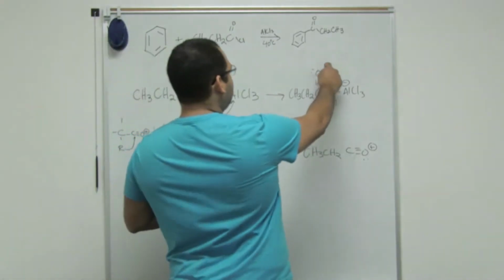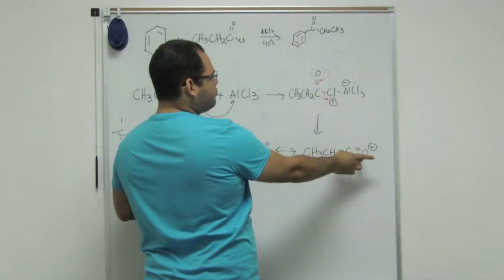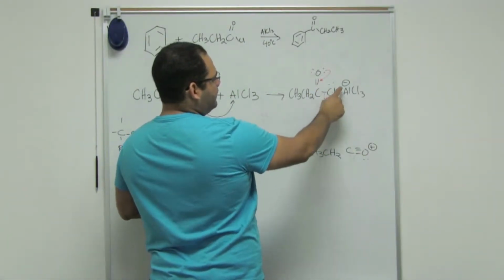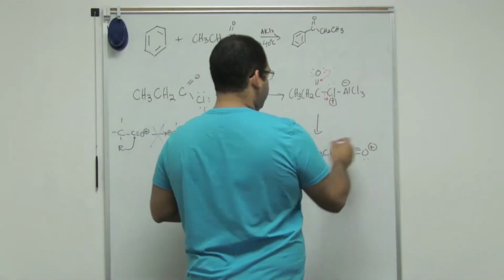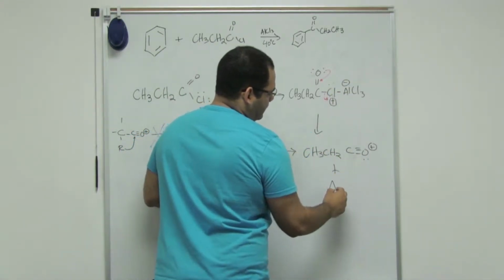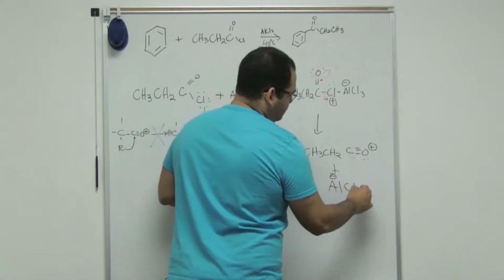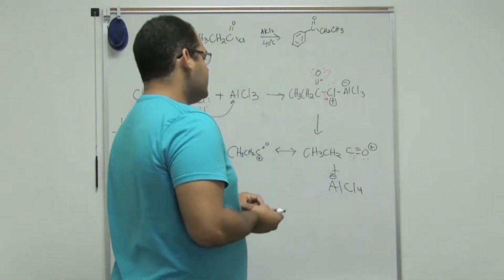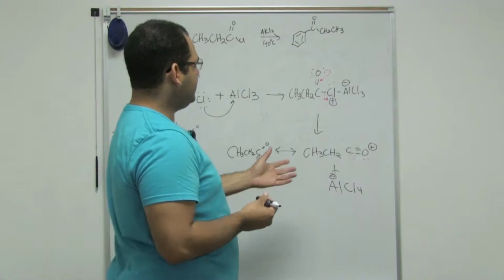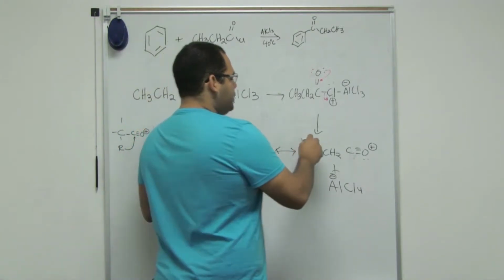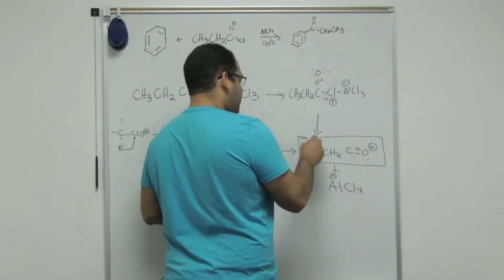So we dump one of the lone pairs, make this triple bond, kicking out the Cl. So we end with that plus AlCl4. So we form this intermediate here, which is the most stable one.